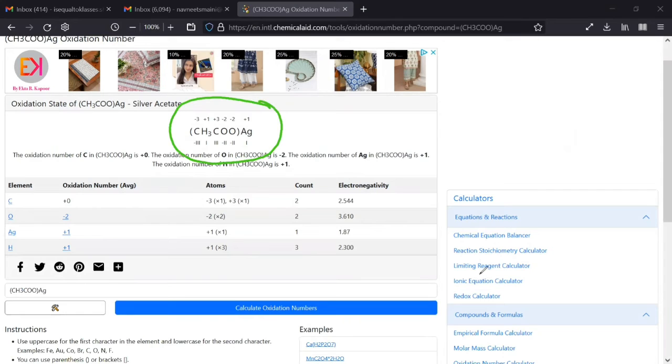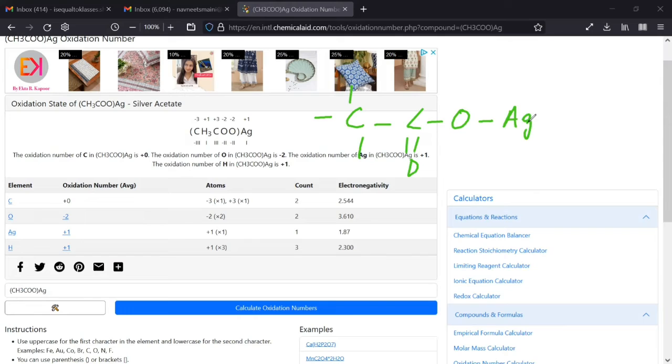The answer to this question is understood by looking at the structure of this compound. We haven't done the structure of compounds also, so don't worry much. Whenever we have finished with electronegativity and writing the structure of the compound, we may come back to this, but the answer to the question is +1. We can skip this for a while. Any doubt till here? No, sir.